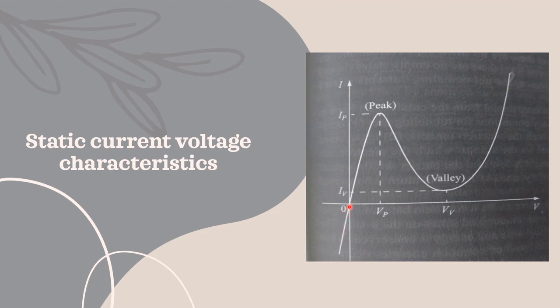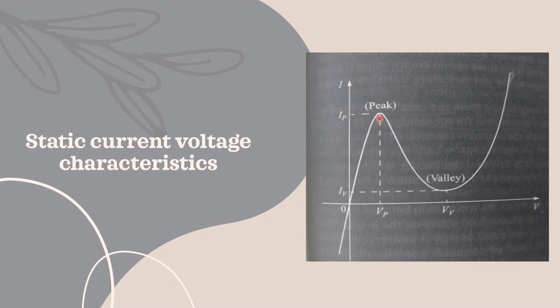And in the forward direction, that means in this direction, the current increases to a maximum value which is called the peak current, and we get this peak current at the peak voltage Vp.